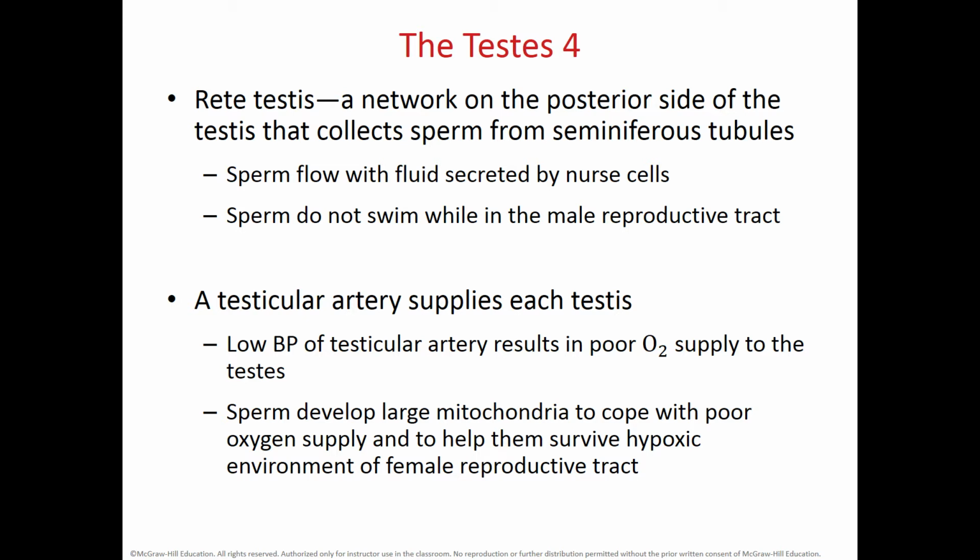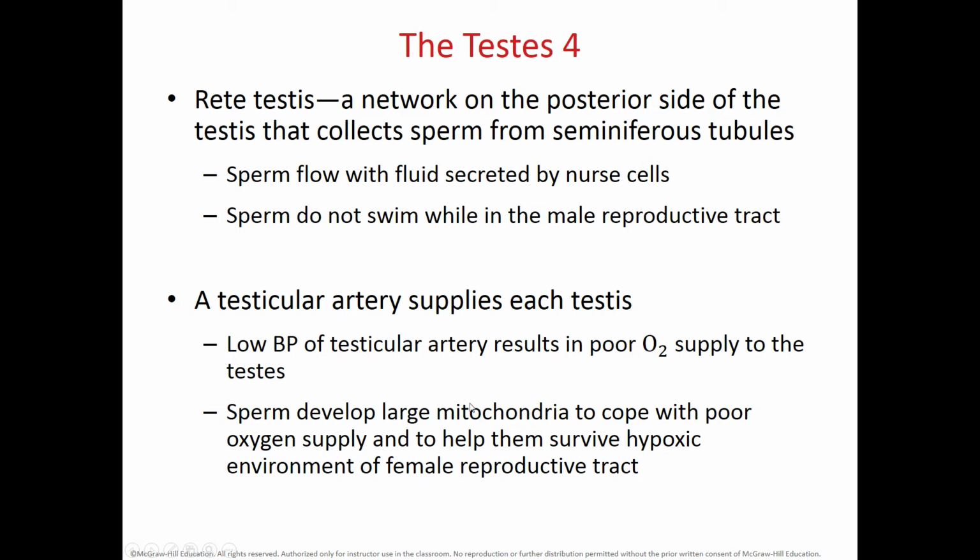Blood supply into the testes happens by the testicular artery, which is a branch of the aorta, and the testicular artery has low blood pressure, and also provides this blood supply to the testes.